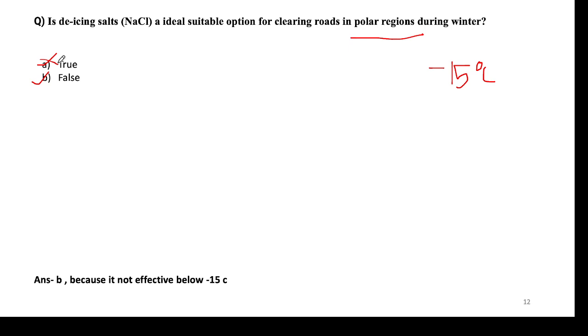Because of that, even salts, NaCl salt, are preferably not good to use because it's not effective. Its effectiveness is only good when the temperature is above minus 50 degrees Celsius, like minus 10 up to 10 is fine. In that range its effectiveness is good.